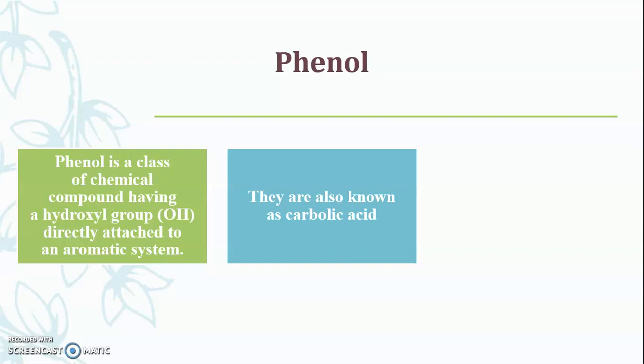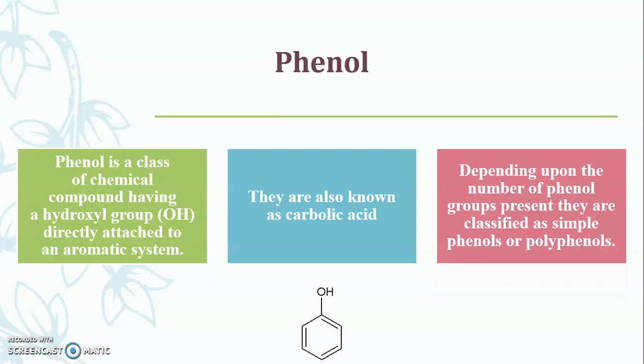So carbolic acid is a synonym for phenol. Remember, there is a difference between carbolic acid and carboxylic acid. Carboxylic acid consists of C double bond OOH as a functional group, while carbolic acid, that is phenol, consists of a hydroxyl group attached to the aromatic system.